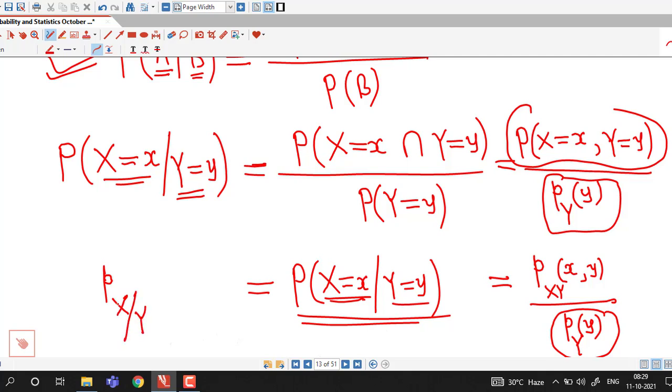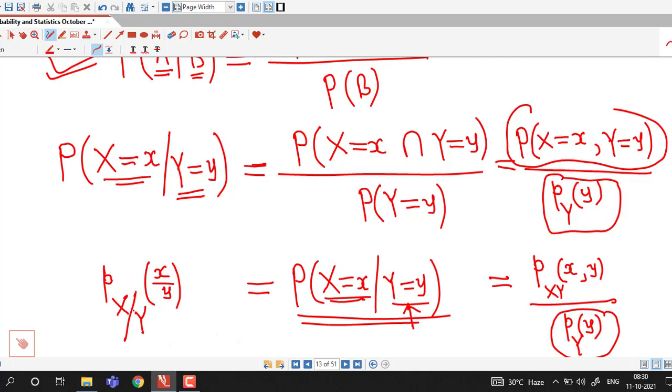So we write X in the numerator, Y in the denominator. This is the notation for conditional probability mass function of a two-dimensional random variable, and here in the bracket we write x by y. So this is the conditional probability mass function of random variable X given that random variable Y takes the value small y.